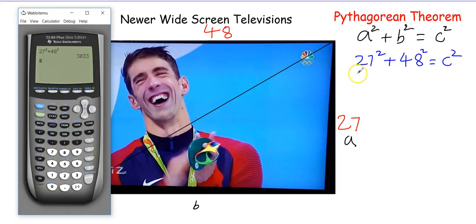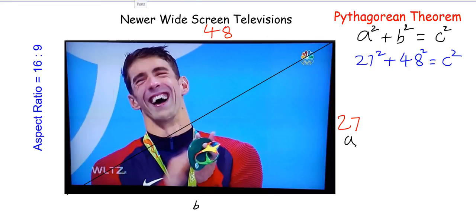So 27 squared plus 48 squared is equal to 3033, which is equal to c squared.